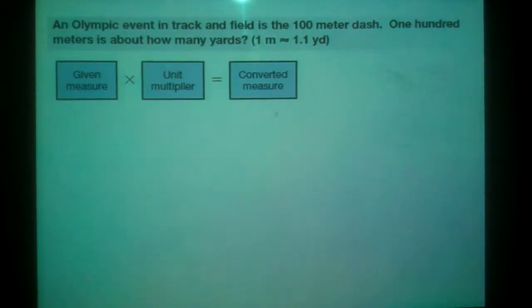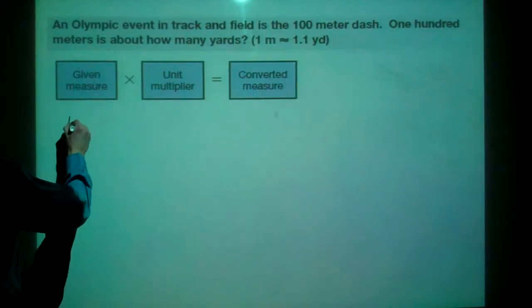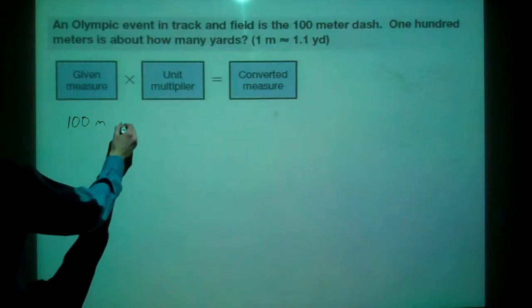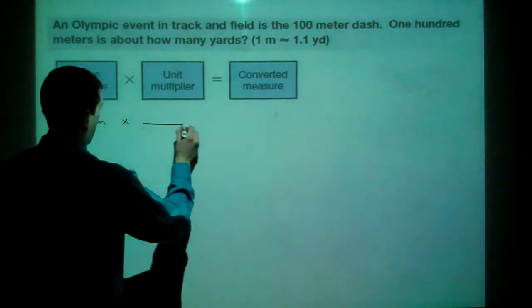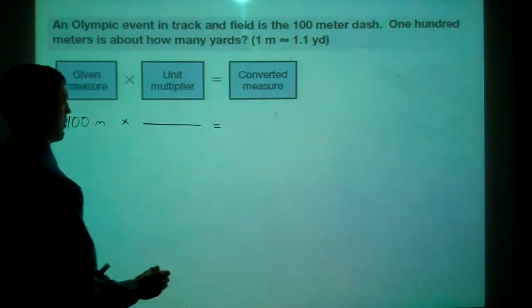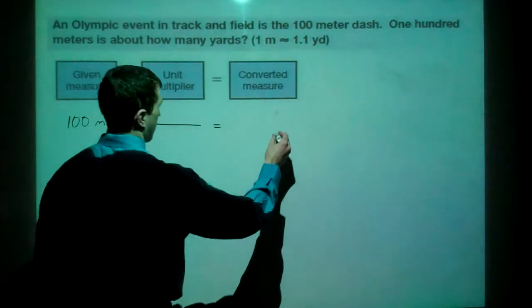Okay, an Olympic event in track and field is a 100-meter dash. 100 meters is about how many yards? So we know that 1 meter is 1.1 yards about, so that's an approximation. So given measure, 100 meters. We're going to multiply it by a multiplier, and we want to get that into yards.